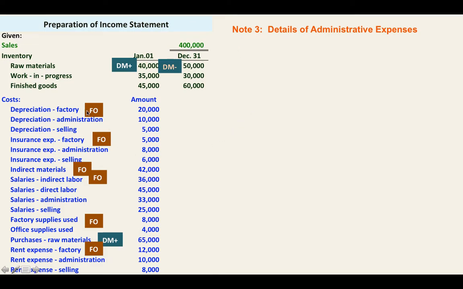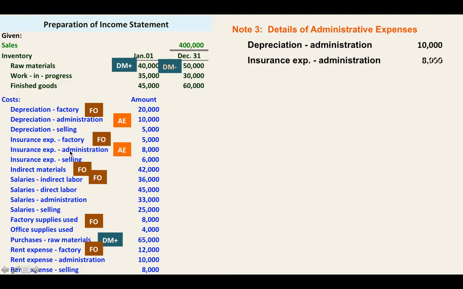Okay, so now we have to go over again with the cost here and just identify those that are related to administration. So we have depreciation administration at 10,000. We have here insurance expense administration at 8,000. We have here salaries administration of 33,000.